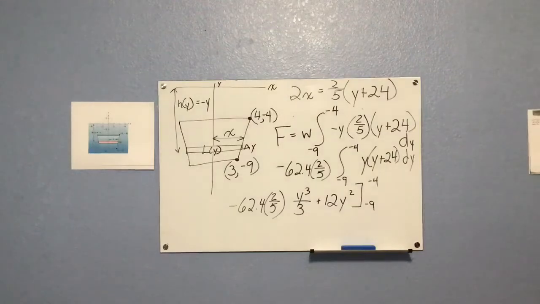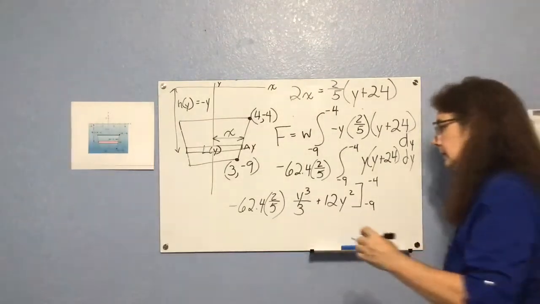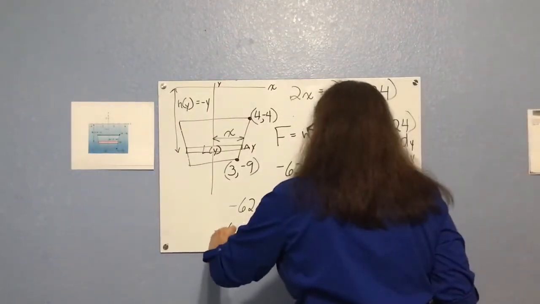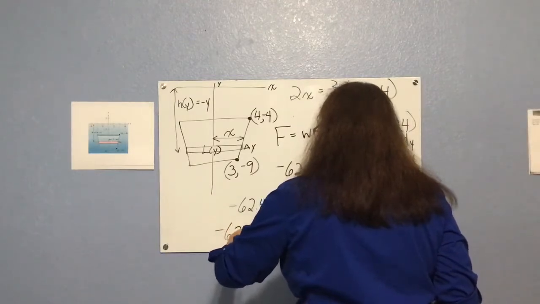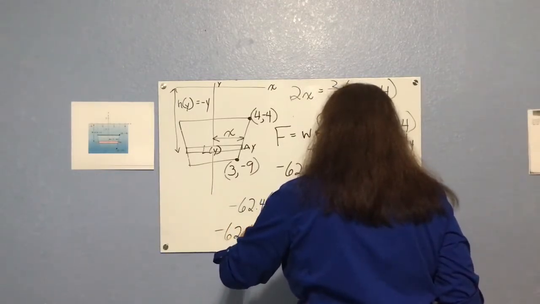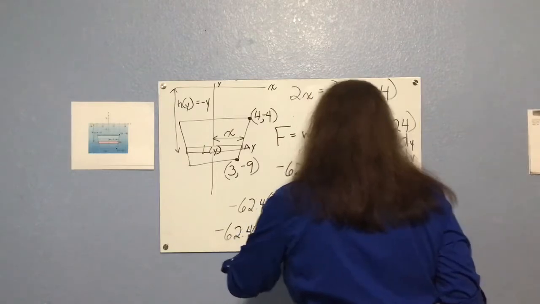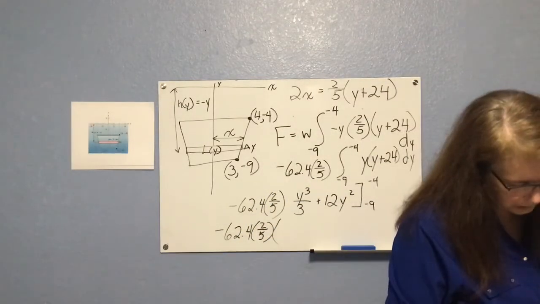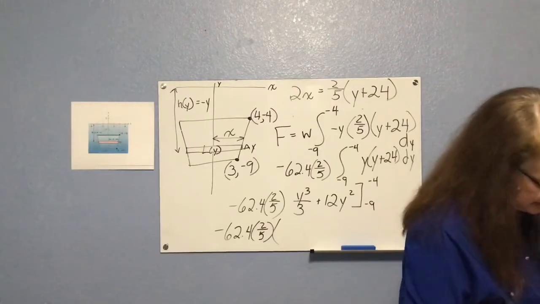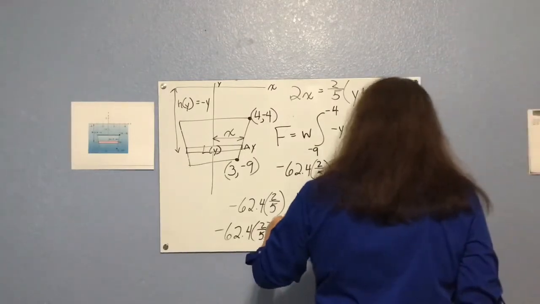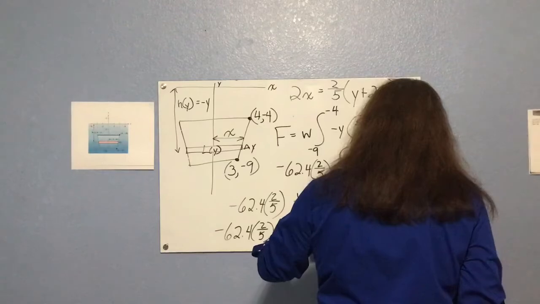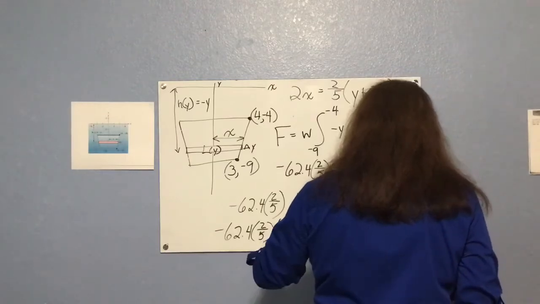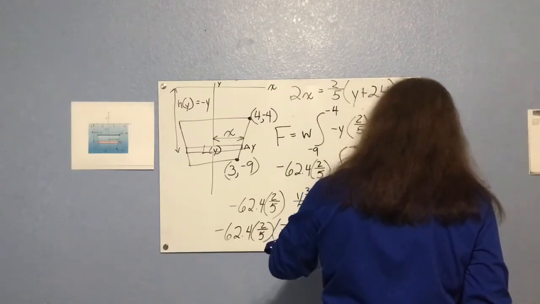So I'll work all that out. I have negative 62.4 times 2/5 times negative 1675 divided by 3.